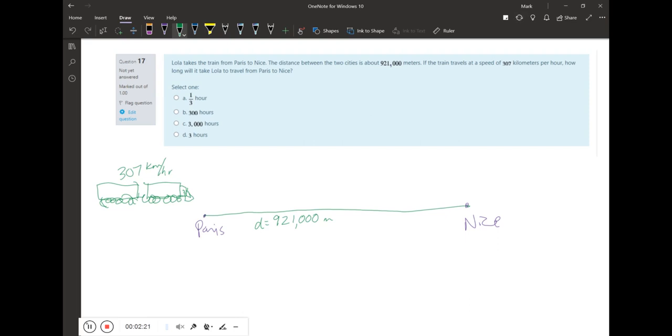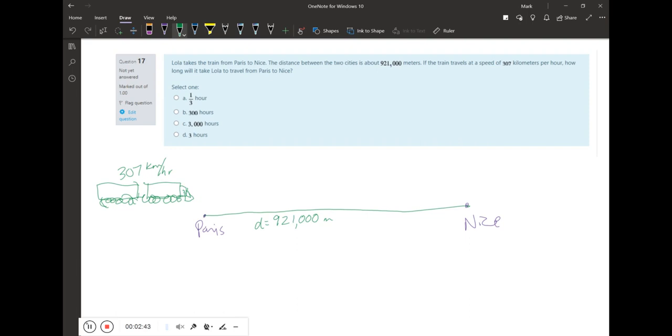if we look at this and we go, well, it's 921,000 meters. Okay, so we need to recognize that if we read that as kilometers, 921,000 kilometers would be an absurd distance, right? Like it's way longer than going around the Earth multiple times.